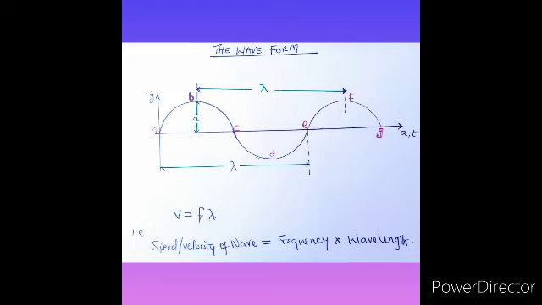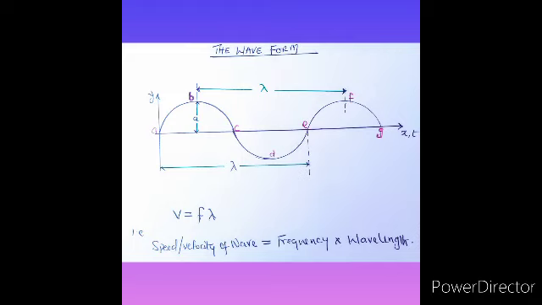So the point A to the point C is equivalent to half of a wavelength, and the point from point C down to the point E is also equivalent to half of a wavelength. So a wavelength can be said to be the distance between successive troughs or successive crests.